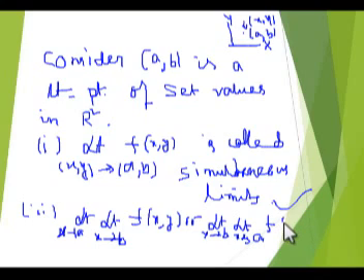If we calculate such kinds of limits, then these are called iterated or repeated limits. There are two kinds of limits.